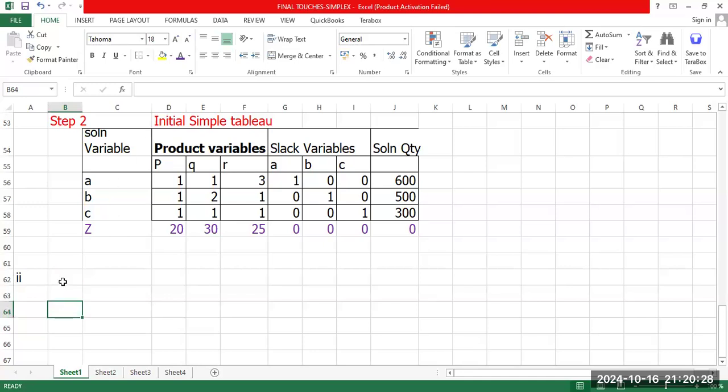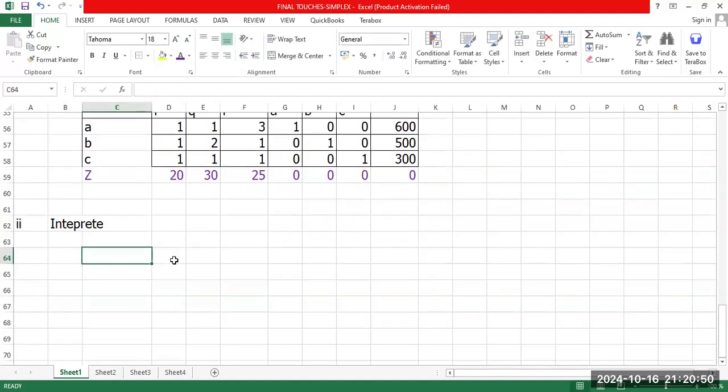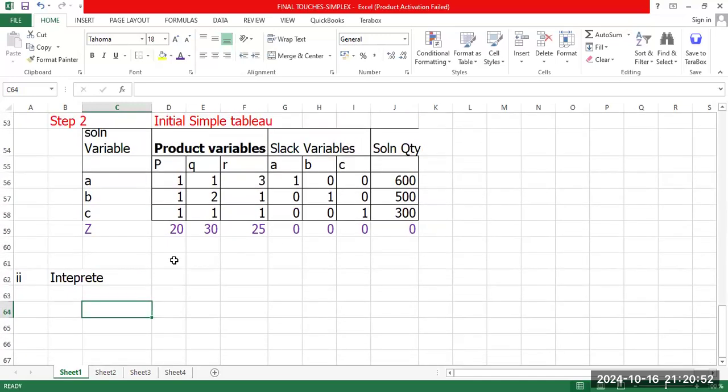Okay, now we are going to interpret. We are interpreting the final tablet, and this final tablet is given here.